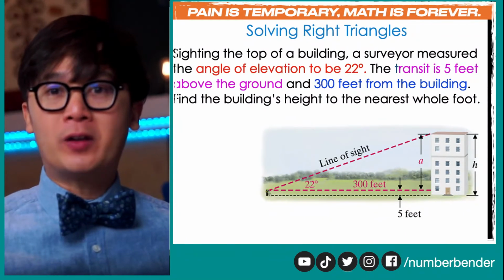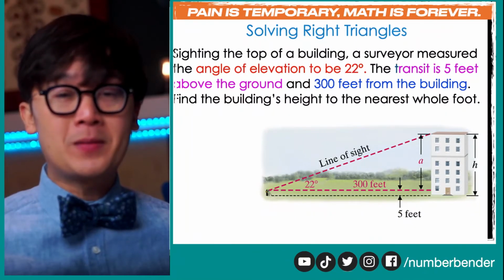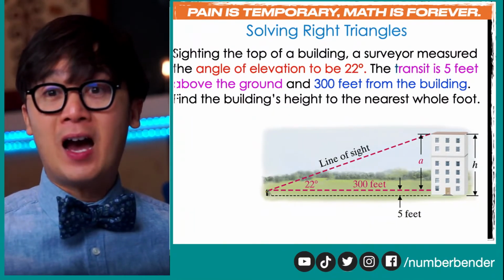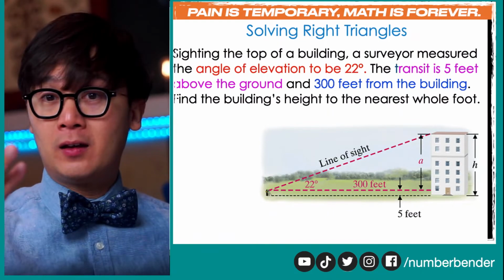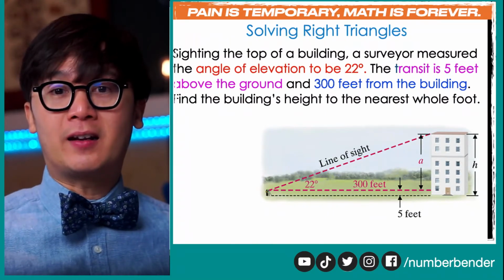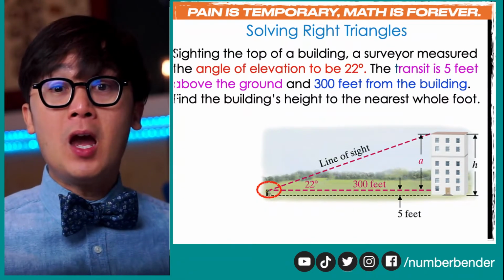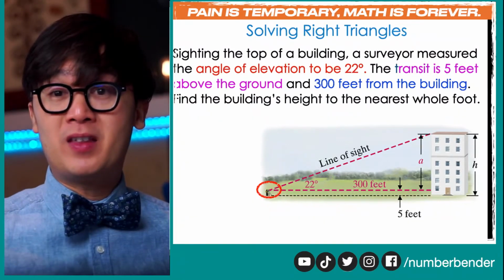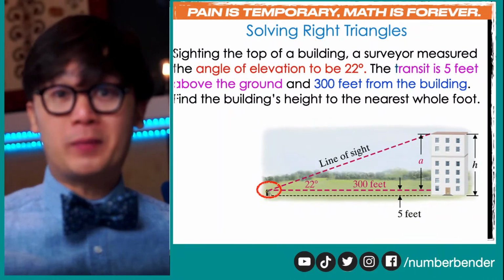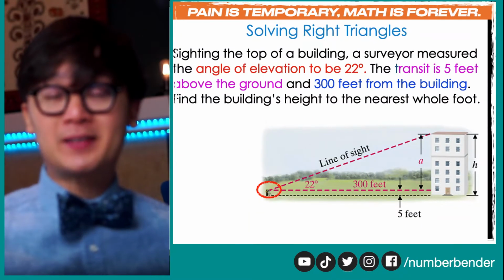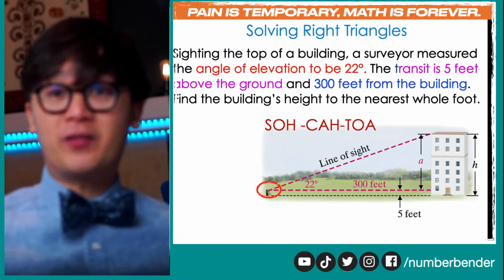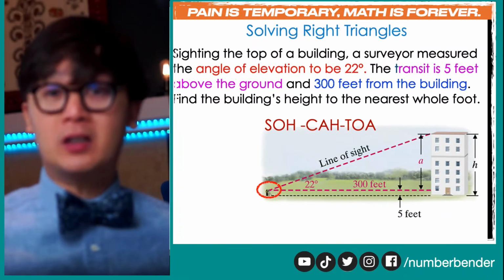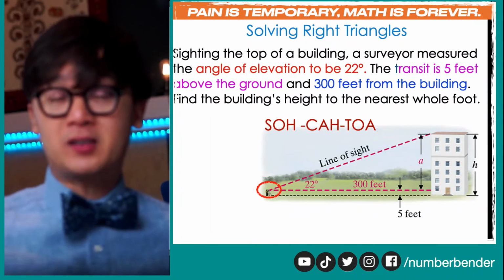All we need to do now is to choose the correct formula that will help us find the height of the building that we are calculating. So here, we are given the reference angle, that's us, looking at the top of the building and hoping that we'll be able to measure it using mathematics. We are given the angle of elevation of 22 degrees because we look up from the base of the building.